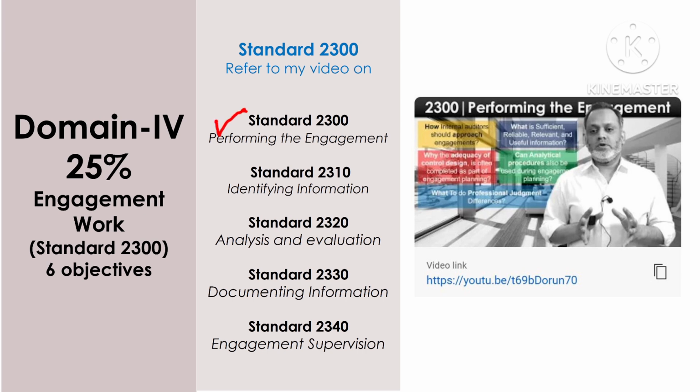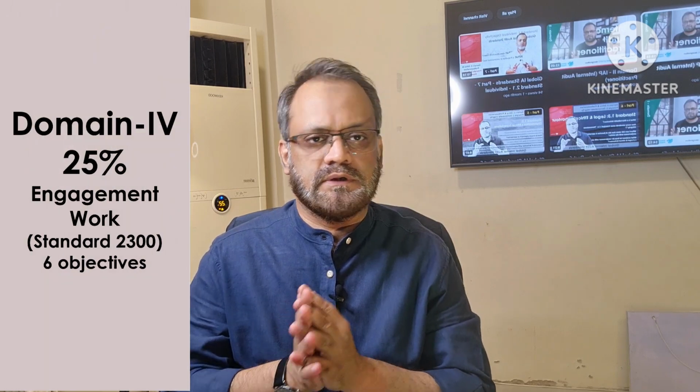Performing the engagement 2300, 2310 is identifying information, 2320 is on analysis and evaluation, 2330 is documenting information, and 2340 is about engagement supervision. To start with, first read the 6 objectives of this domain 4, and then one by one we'll go through each and every objective and discuss in detail.